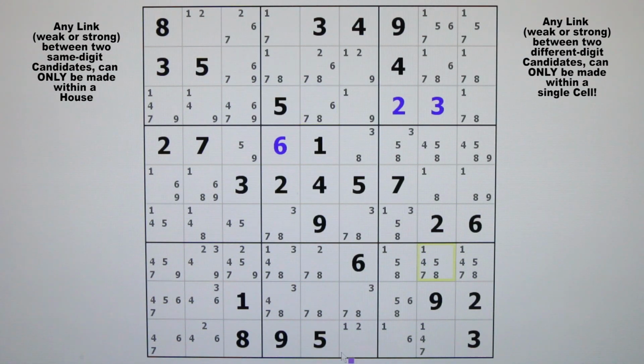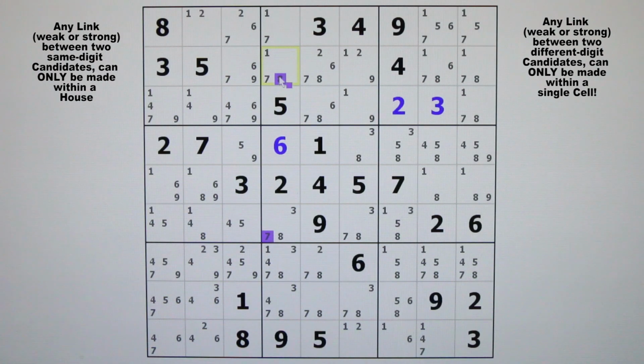For different digit candidates, they must be in the same cell. So, for instance, you can connect this 7 with this 8, and you can connect this 7 with this 3 because they are in the same cell and they're 2 different digits. But you cannot connect this 7 with this 8 because even though they are in the same house and can see each other, they're unrelated.